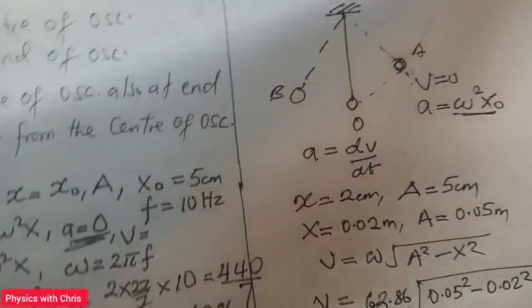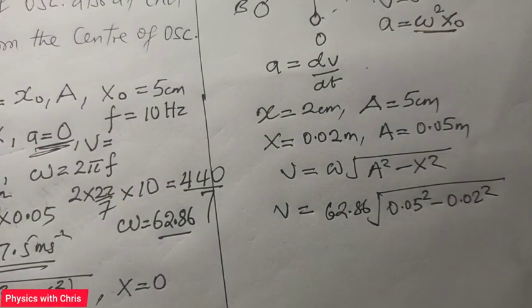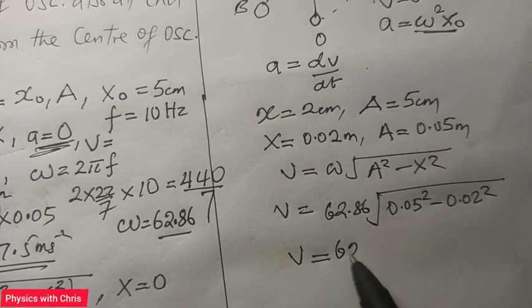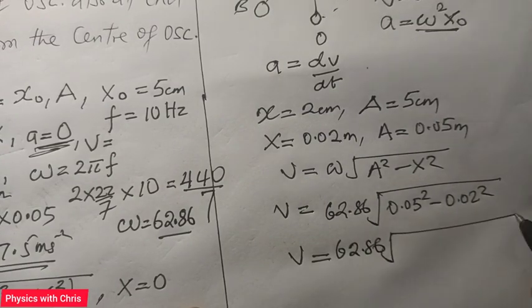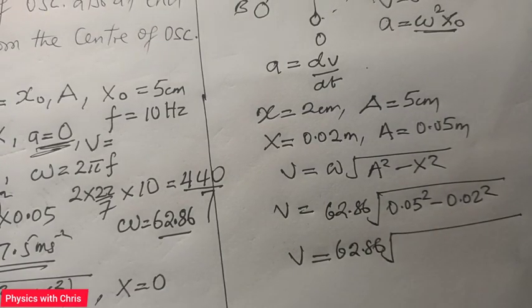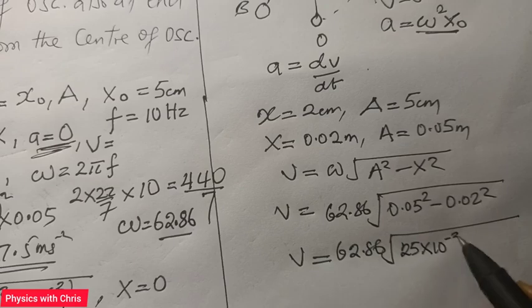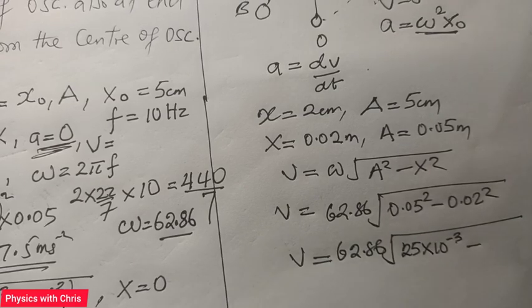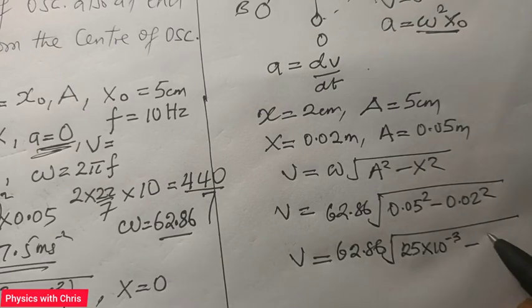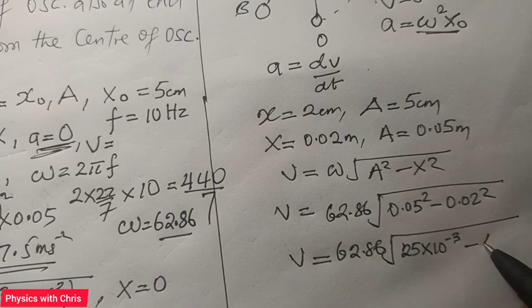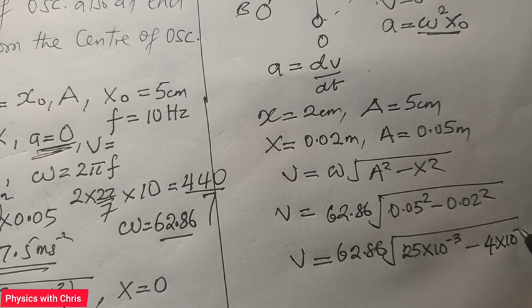I need a calculator here quickly to evaluate this. That gives me 62.86 times the square root of 0.05 squared, which is 2.5 times 10 to the power minus 3. We can change that to standard form. Minus 0.02 squared, that is 4 times 10 to the power minus 4.